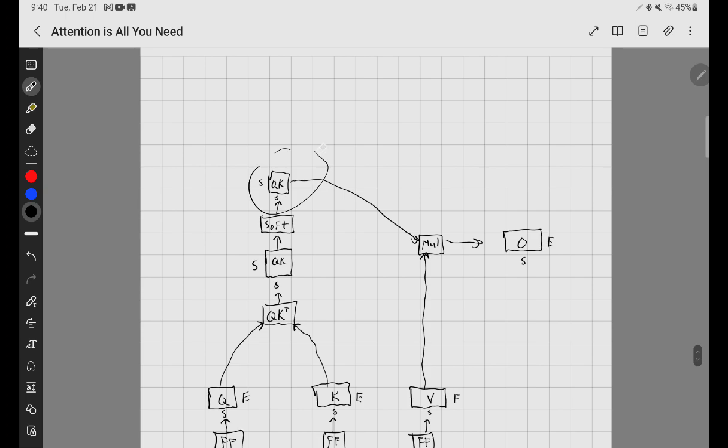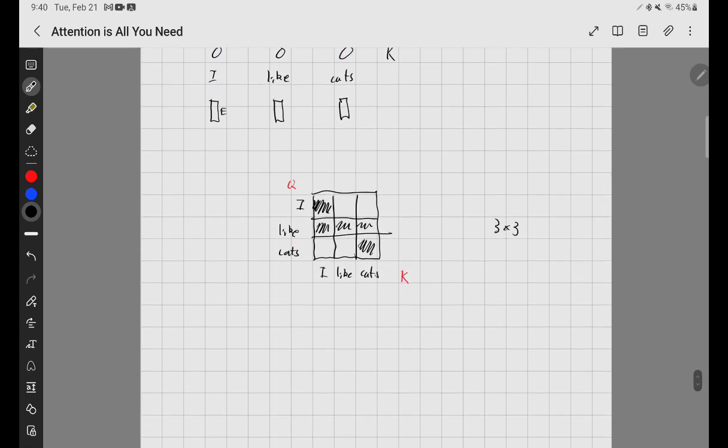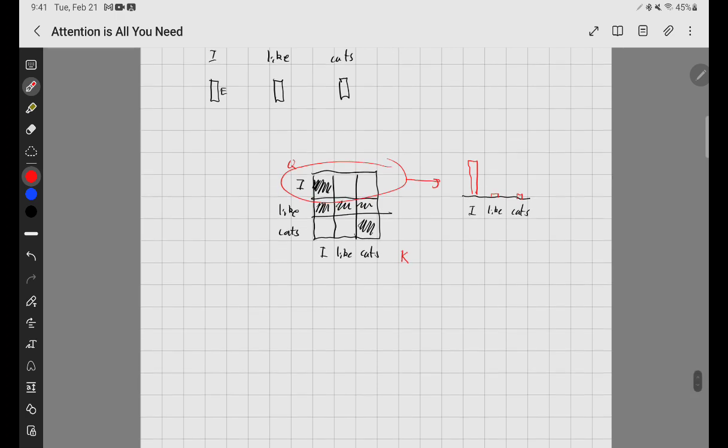And then they take the softmax. So the softmax is essentially forming a distribution for each of these. So the top word I would form a distribution where there is a very high similarity between I and itself, and then very little similarity between like and cats.